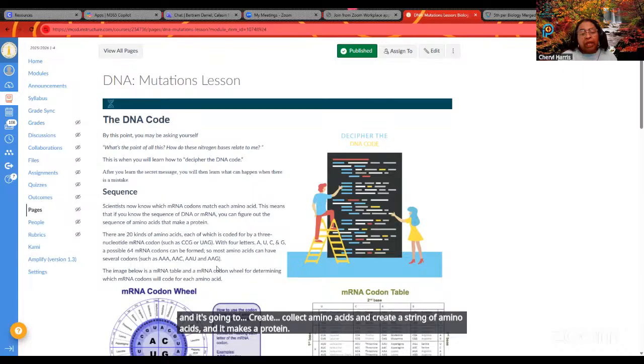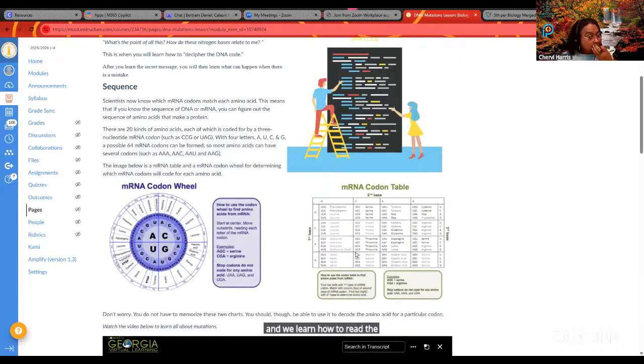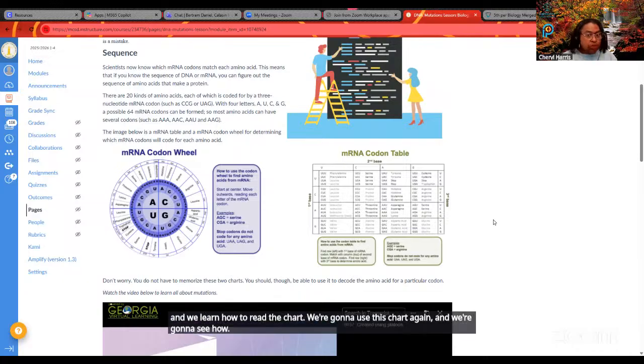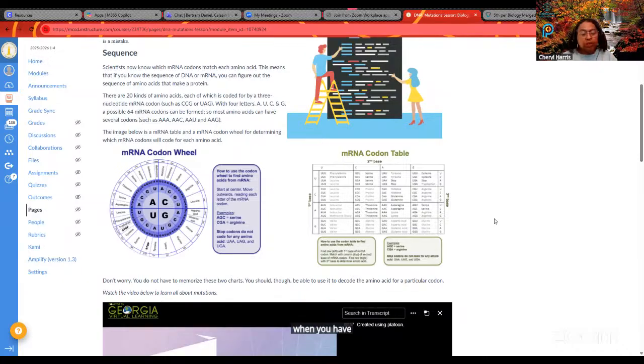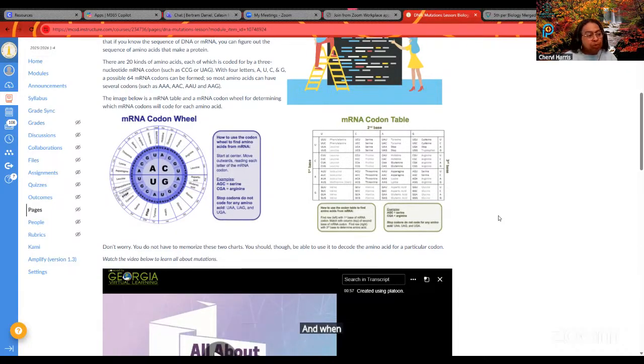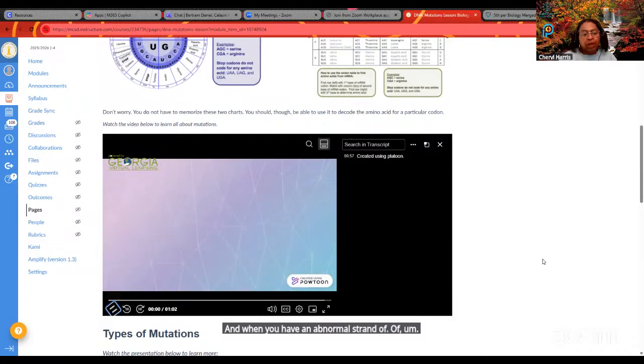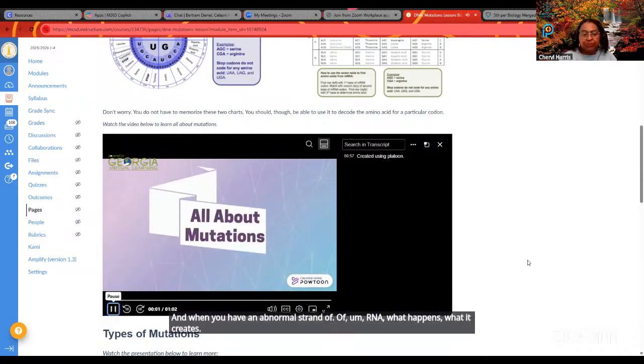And we learned how to read the chart. We're going to use this chart again, and we're going to see what happens, what it creates, when you have one normal strand of DNA or RNA, and when you have an abnormal strand of RNA.